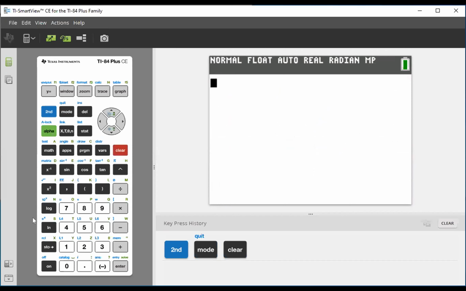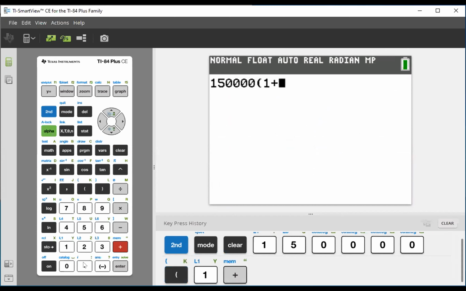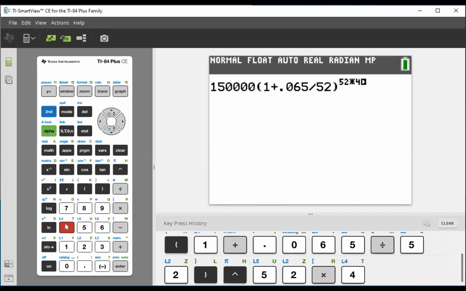Then I type in 150,000, put a parenthesis, 1 plus 0.065 divided by 52, and then raised to the power of 52 times 4. Then I found out that the amount is 194,507.93. I round it to 2 decimal places.